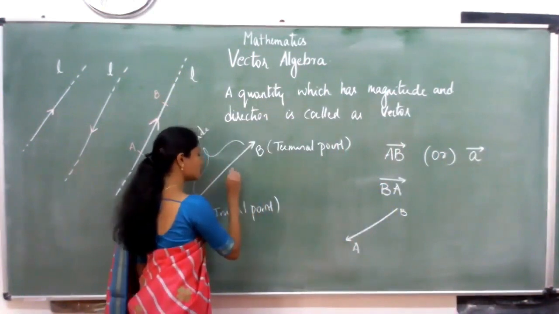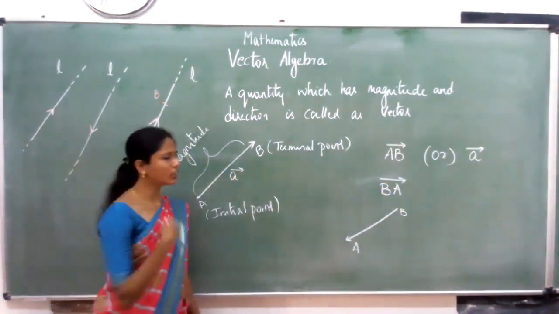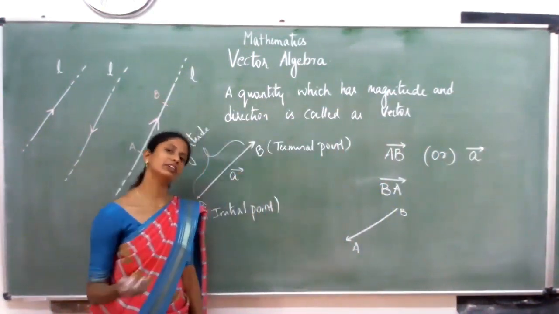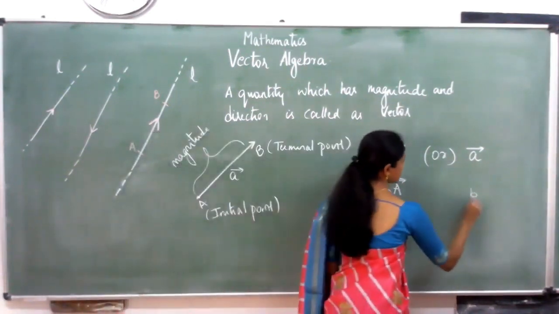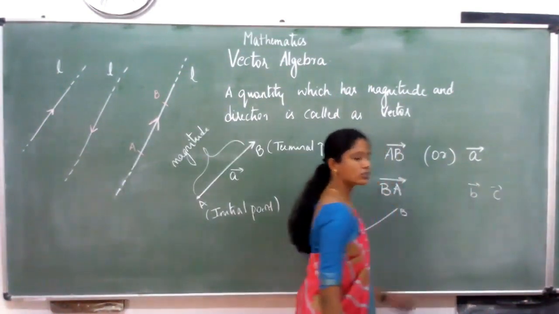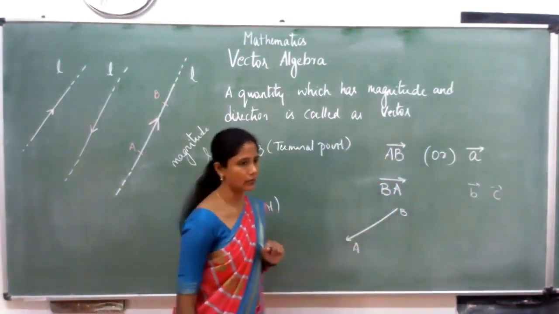Not only small letter a, it can be any small letter. So this can also be written as vector b or vector c. So this is the representation of the vector.